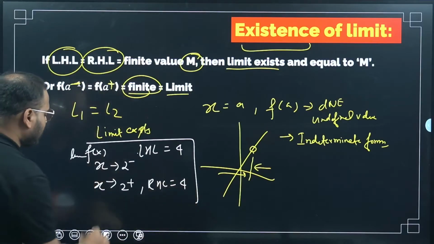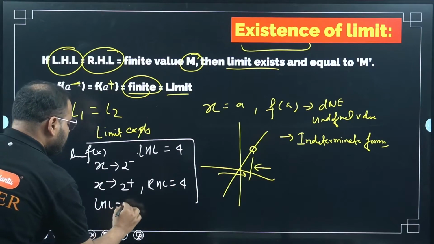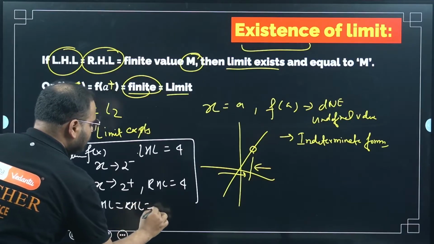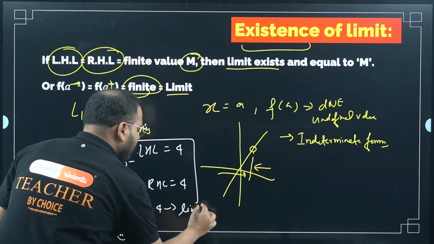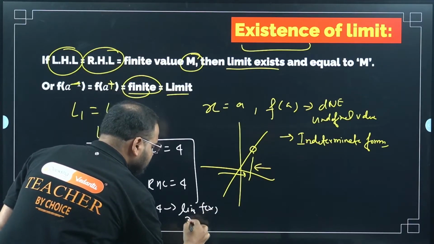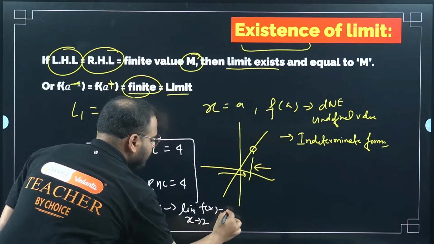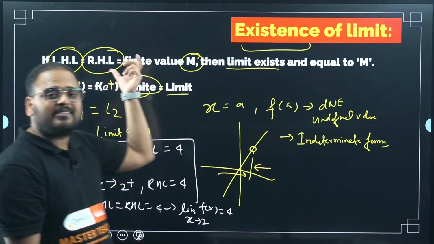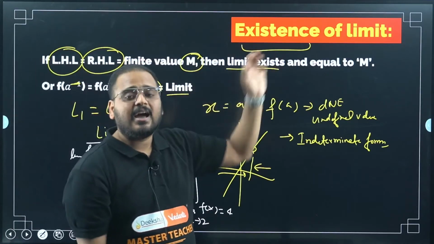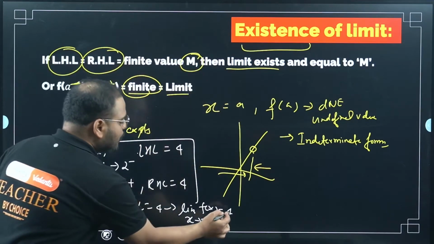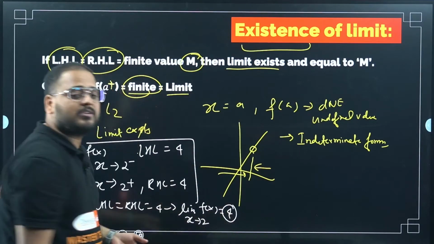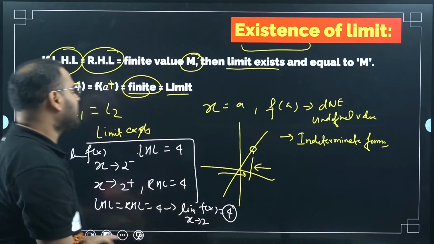When this is true, LHL equals RHL, which is equal to 4. Then the limit of the function at x equals 2 is nothing but 4. So if LHL and RHL are equal, we can say the limit exists. And what is the value of the limit? It is the finite number, and 4 is the finite number in this particular case.